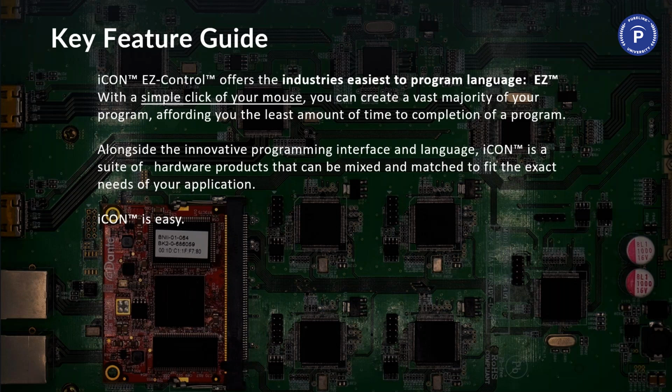The second advantage, which is also quite significant, is that we have brought to the market the easiest programming environment for control automation. Our platform, Easy Control, using our proprietary language called Easy, allows you to get up and running on building control automation projects with little to no experience in programming languages, because our language uses English, and it also uses your mouse, as we point out here.